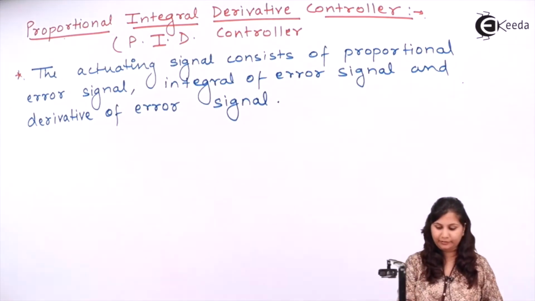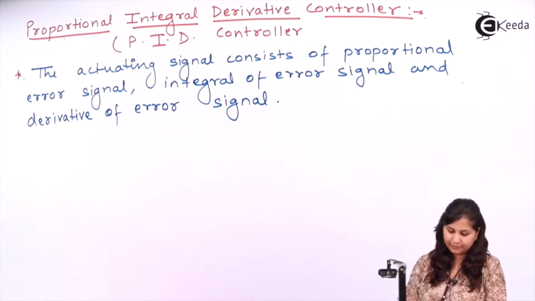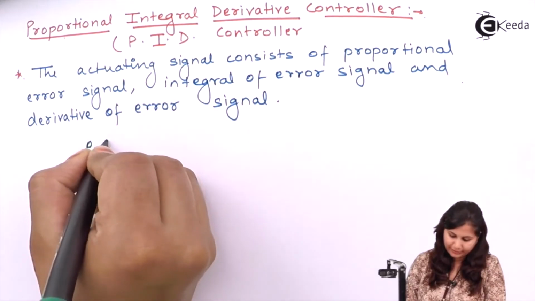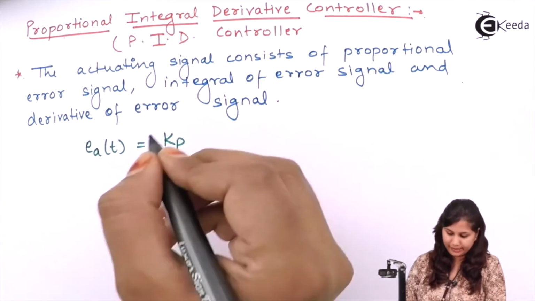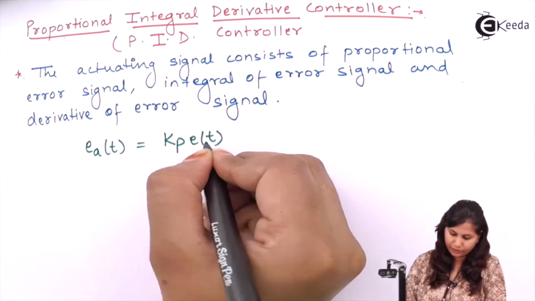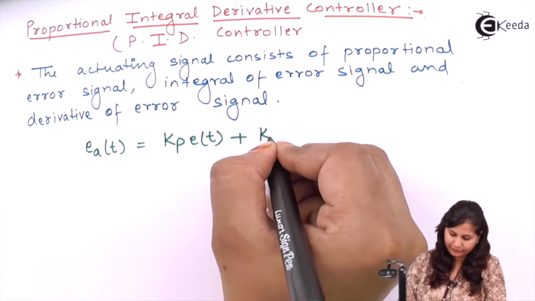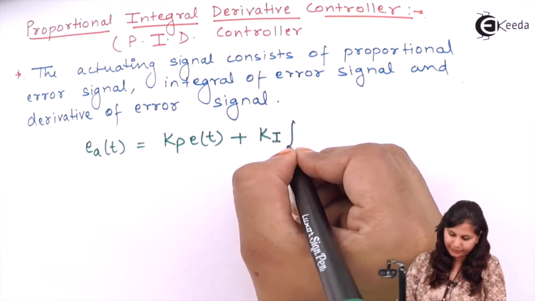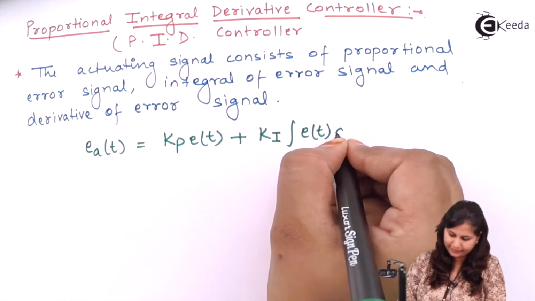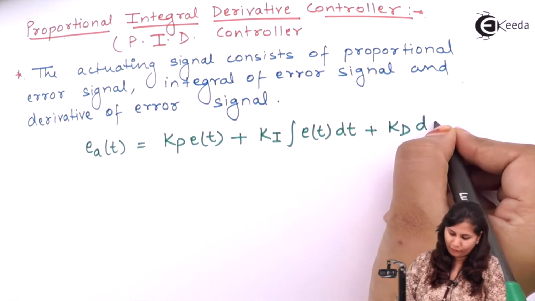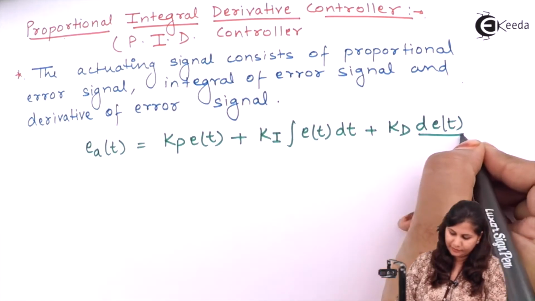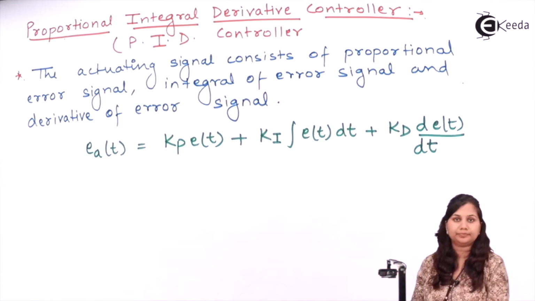Now if we define the actuating signal, it is ea(t) equals Kp e(t), that is the proportional controller. Then integral, we have Ki integration of e(t) dt, plus Kd, the derivative of the error signal with respect to t.